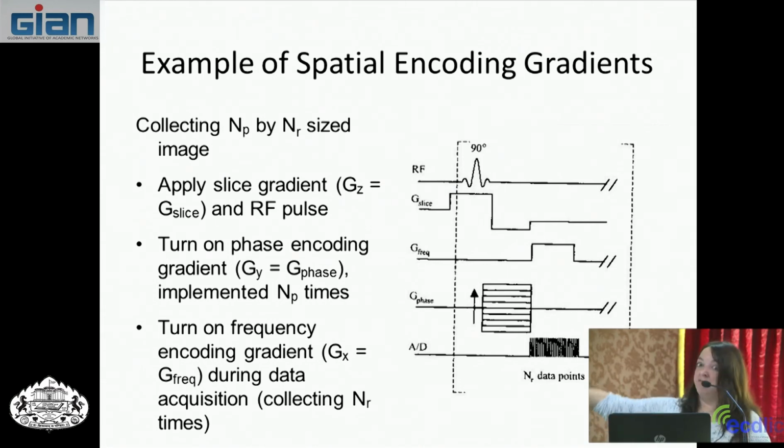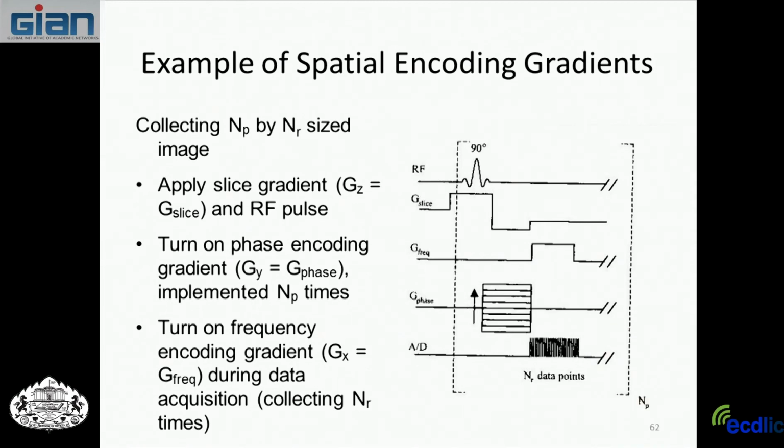Then we're going to do our phase encoding. That goes on right before we collect the signal. And then as we collect the signal, we're going to apply our frequency gradient. And you can see down here at the bottom, we're collecting our data points while we're applying this gradient. Because of all these things that we've done, we can spatially determine where we're collecting the signal from in our data.